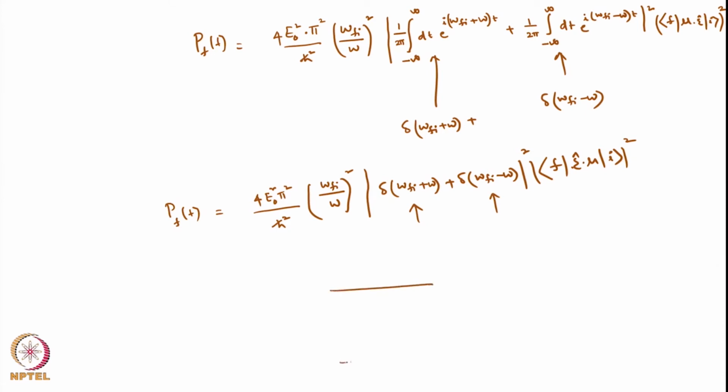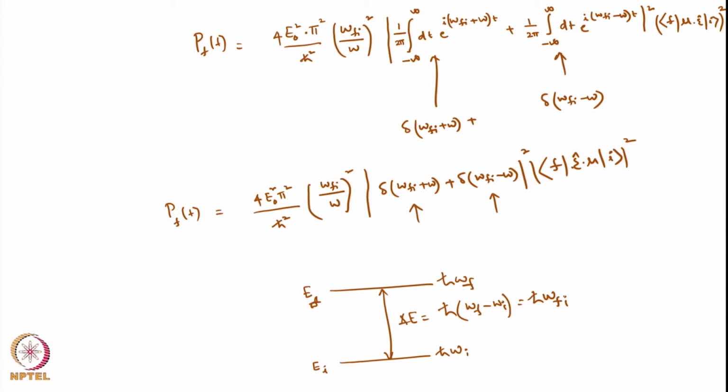This is your E_i, that will be nothing but ħω_I, and this is E_f, which is nothing but ħω_F, and this energy difference is ΔE, equal to ħ(ω_F − ω_I), which is equal to ħω_Fi. That is the energy separation. So, ω_Fi is nothing but the frequency of this energy separation.